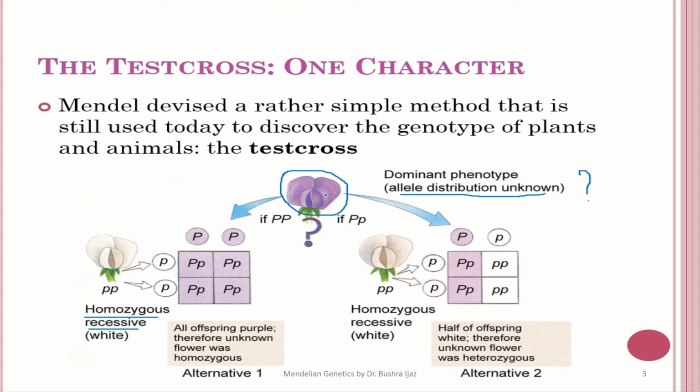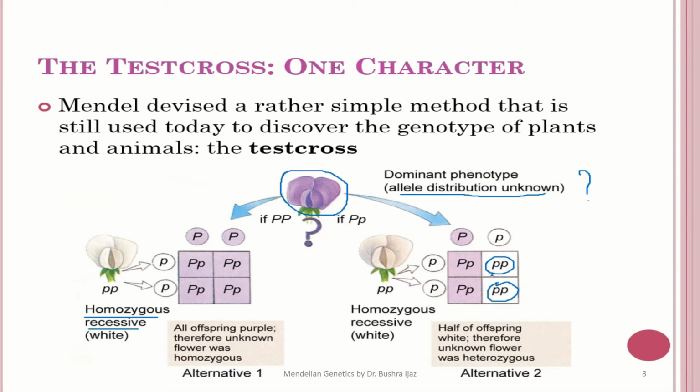So when this purple color plant was crossed with homozygous recessive white, because we don't know the genotype, that's why I'm saying, if all of the individuals in the F1 generation have purple color, that is one result. But when this purple color flower is crossed with the homozygous recessive, and the resulting progeny shows that half of the offspring were white and half of the offspring are purple, it means that somehow this combination with small p has taken place in this individual and in this individual.